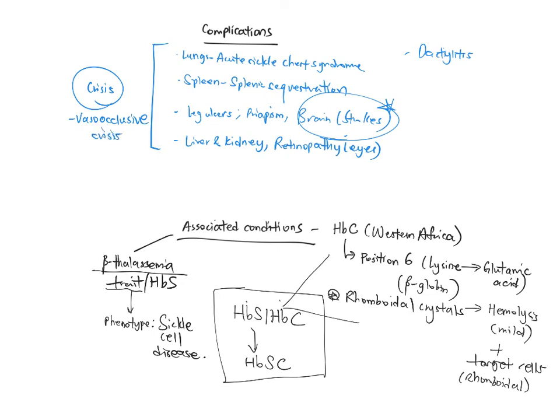So when the vessels are being blocked and that results in less oxygen being delivered to the tissues, that can cause ischemia as well. And also painful crisis could occur as well. And remember that this tends to be precipitated by certain things like dehydration, high altitudes as well, that could lead to painful crisis. And it tends to be in particular bones like the hip, shoulder, and vertebrae.